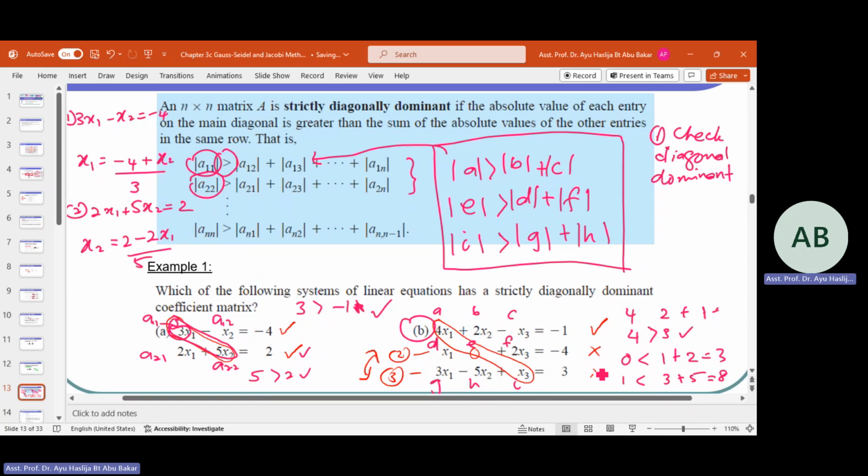So what to do when the diagonal dominance doesn't hold? You must rearrange the equations so that they follow diagonal dominance. Since equation 1 follows, it remains. We just rearrange equation 2 and equation 3. Move equation 3 to the upper position, and 2 comes down.